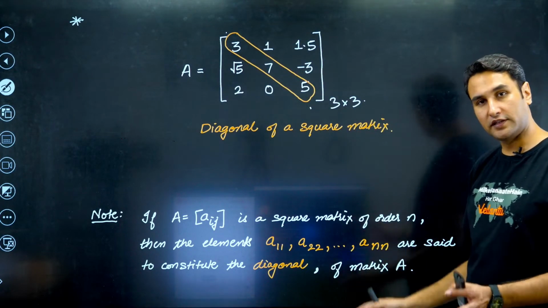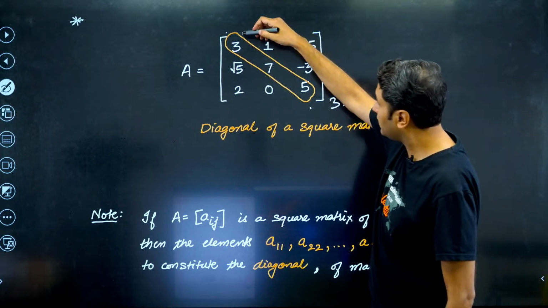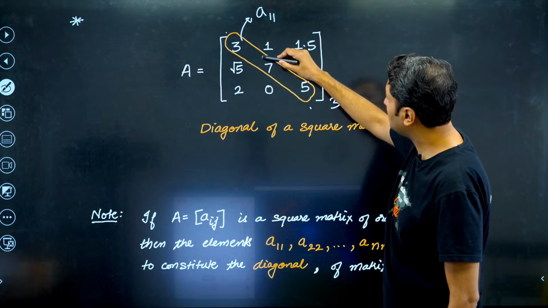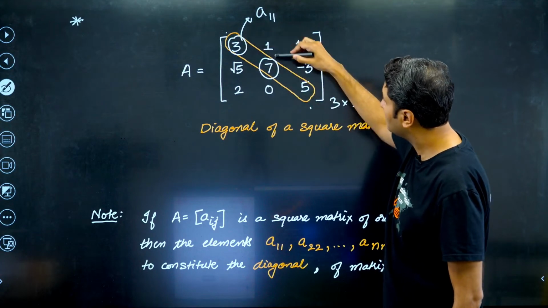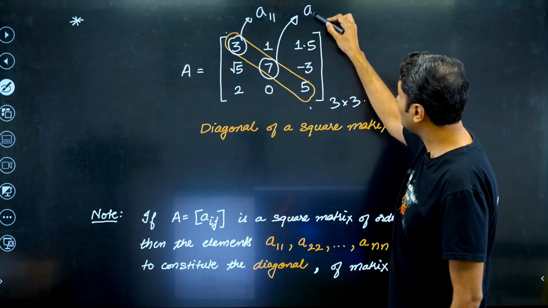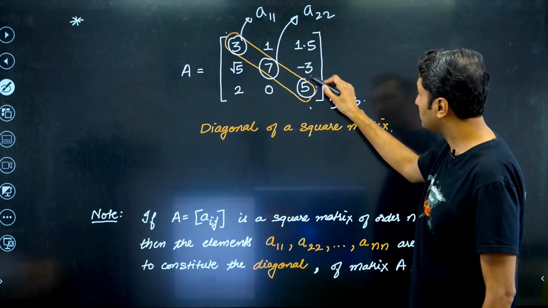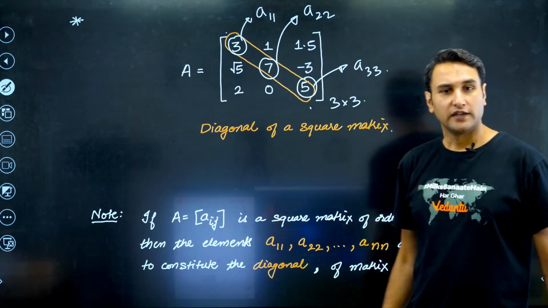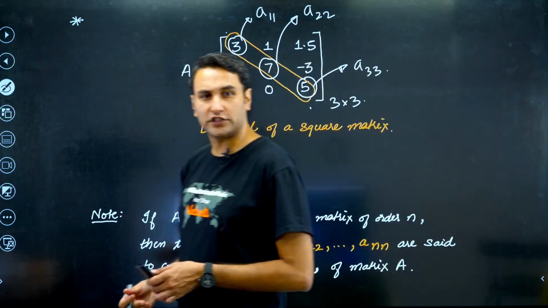So how do we represent this? Can you see very carefully? This is A11. This is A22. And this is A33. Can you now write a definition for it?